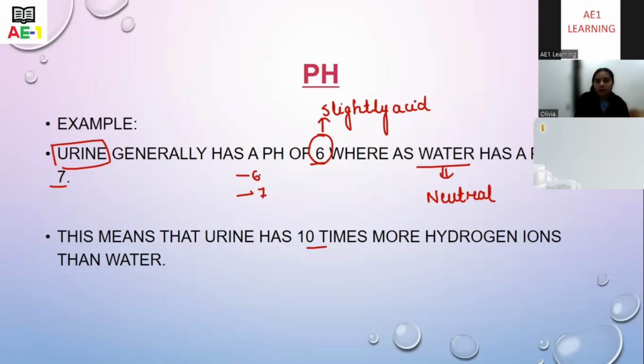So because your water is 7, it contains 10 times lesser amount of hydrogen ions as compared to the urine. Urine has more hydrogen ions, and that's the reason it's slightly acidic in nature. So as soon as you go nearer to zero, they become more acidic, and each step is multiplied by 10. Okay?